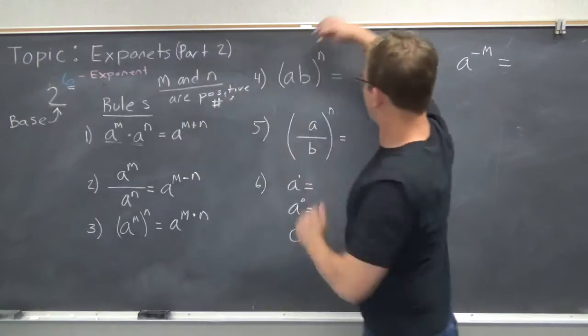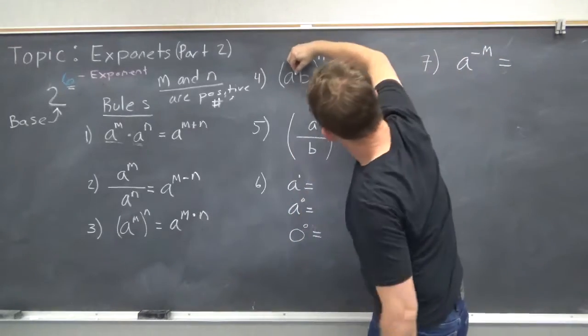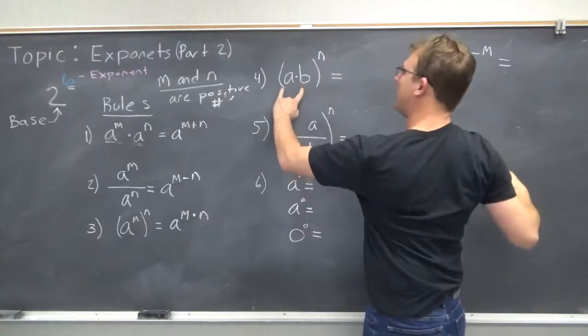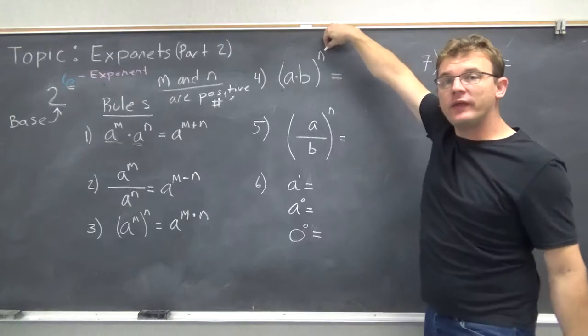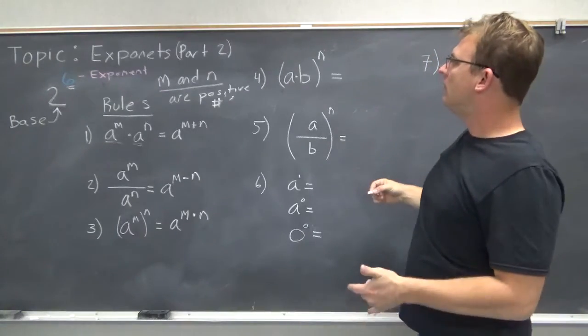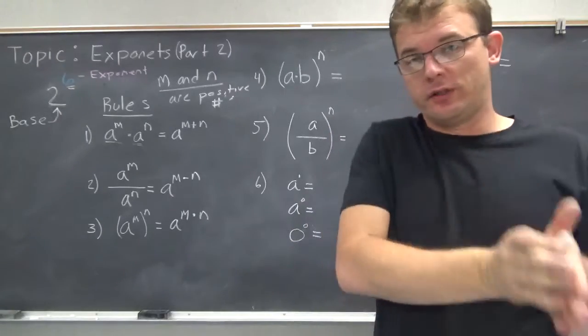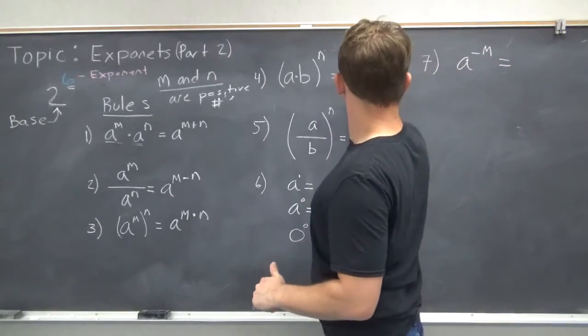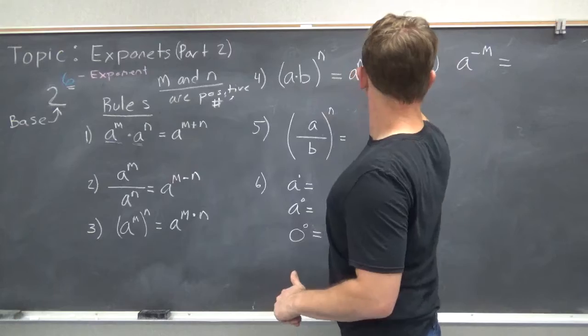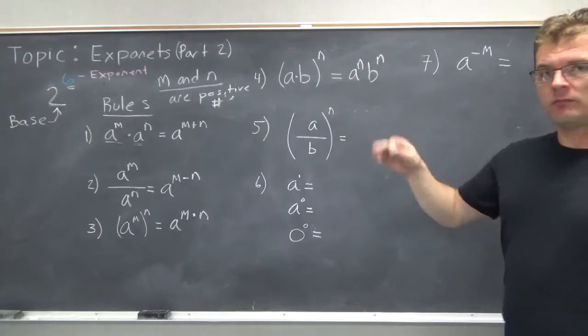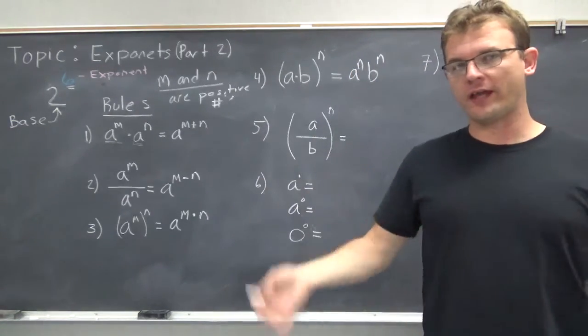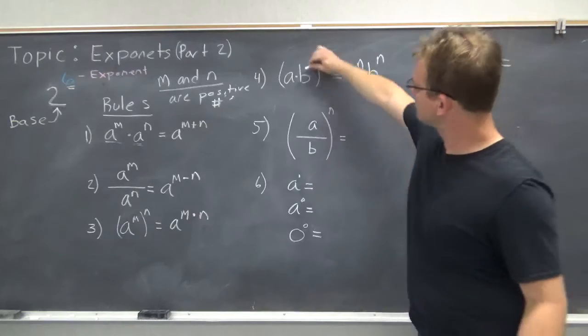When you have number 4, a times b raised to the n, what that n is going to do is distribute to a and b, to the whole thing inside. Remember, there's a multiplication here.